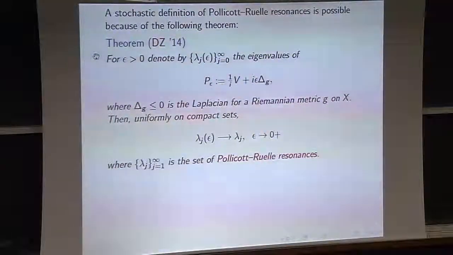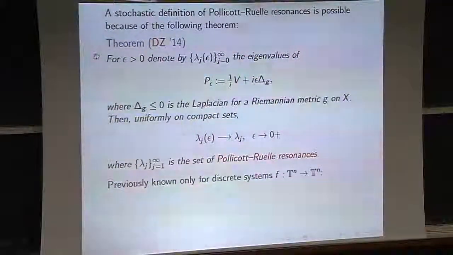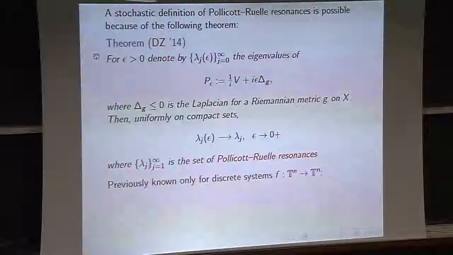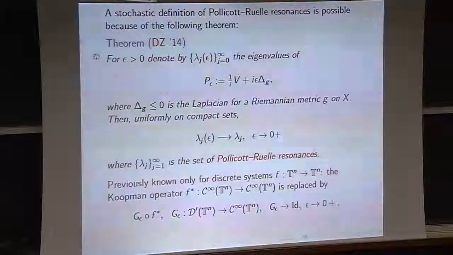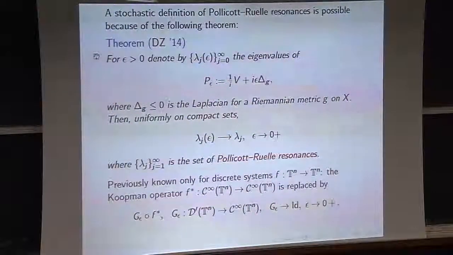So this elliptic operator has discrete spectrum. And the point is that, uniformly on compact sets, namely for lambda j's in a fixed compact set, lambda j epsilon converge to lambda j as epsilon goes to 0. So this is an easy definition. At least according to Liverani, who asked this question, this was previously known only for discrete systems, namely for iterations of a map, in which case, for correlations, we are pulling back by the flow.